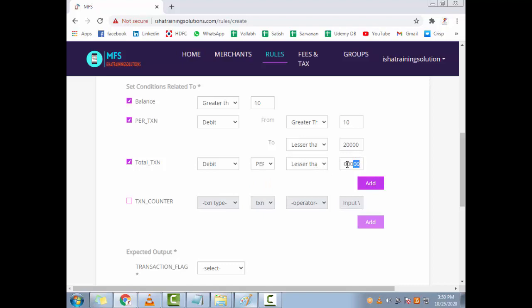Let's say he wants to send 40,000. First he will send 20,000, and again he will send 20,000, because per transaction we are limiting it to 20,000.